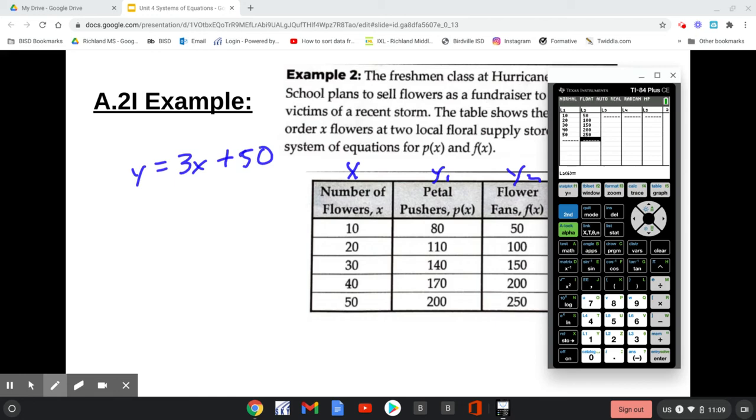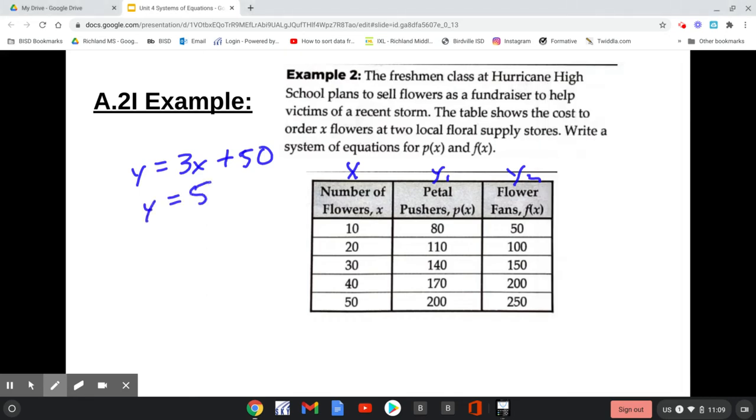Okay, I'm going to hit stat, tab 4, enter, and I see that there's no y-intercept. We just have a slope of 5, so y equals 5x. Didn't say to solve it, so there's our answer.